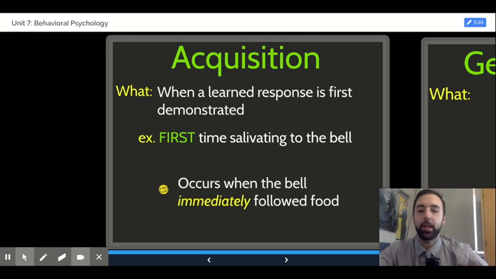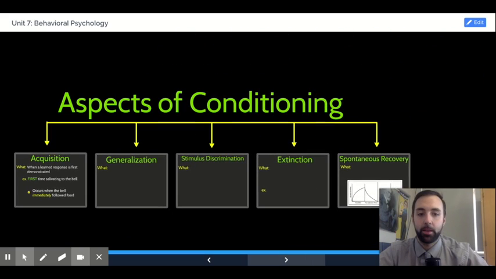So, for example, if a student completes 5 homework assignments, but you don't wait to reward them until the end of the year, then that might not necessarily be reflected in their behavior because the reinforcement is not immediately following the active target behavior. But nevertheless, acquisition is the very first time a behavior is reflected in the organism.